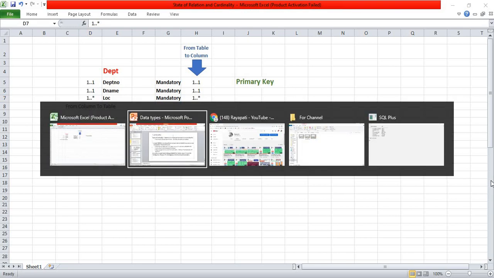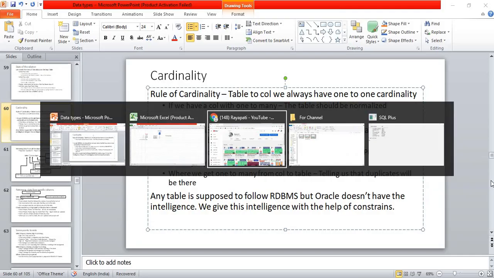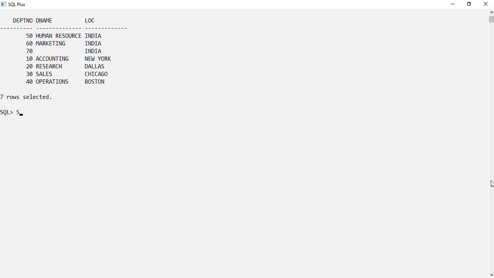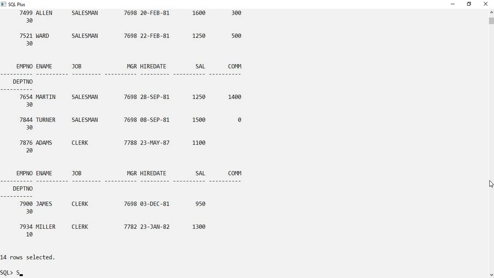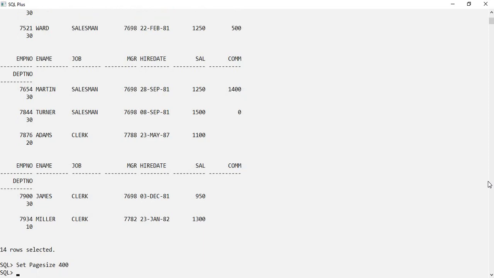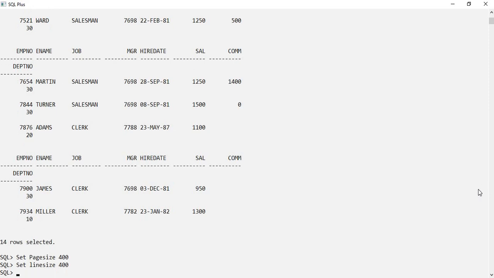Now you have the EMP table, right? Let me go to the EMP table. Select star from EMP. I'm just formatting it so that it will give me proper values.